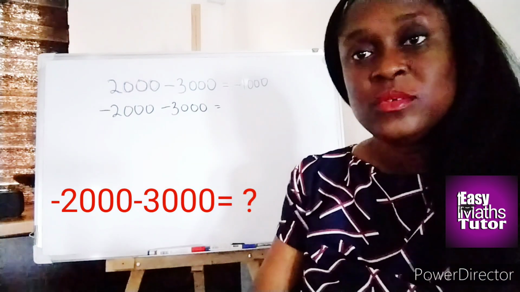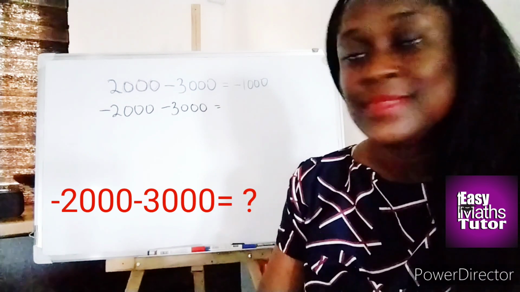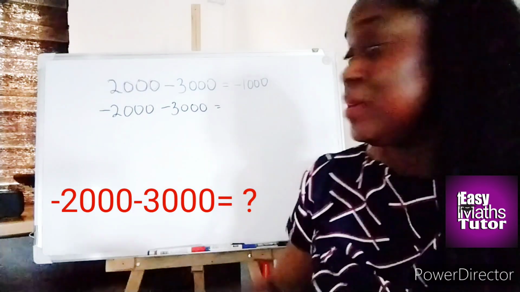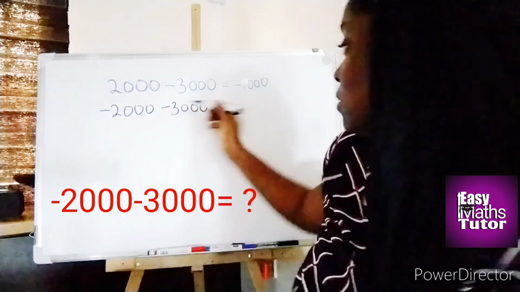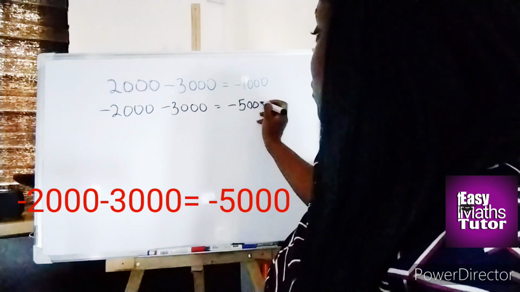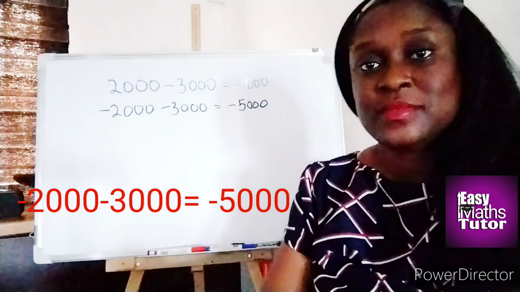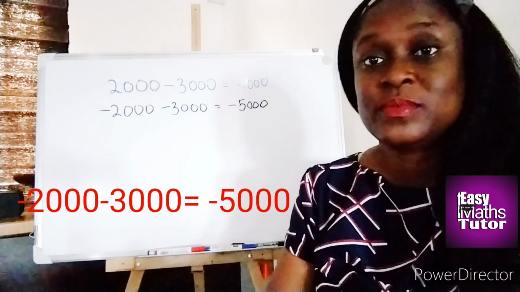What will be the result of this problem? You're owing 2,000 and now you're owing 3,000. That means the result will be negative 5,000. That means you're owing 5,000.